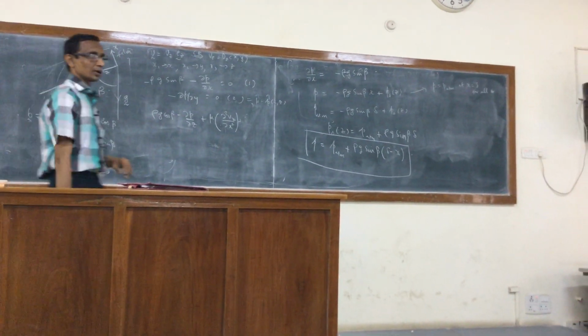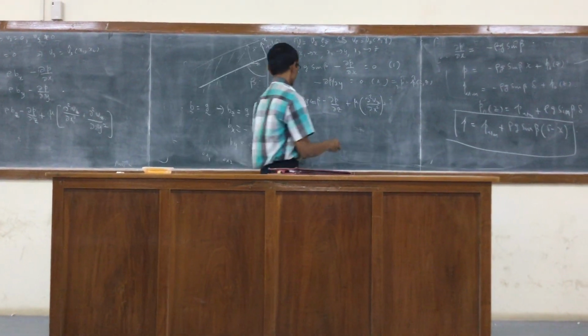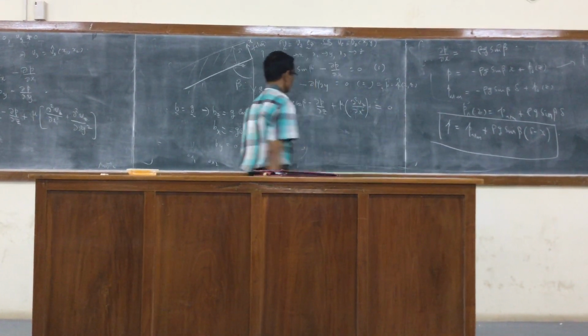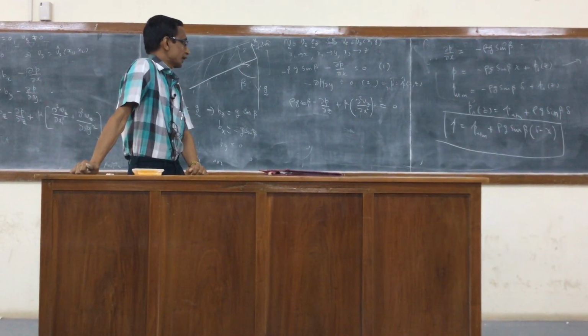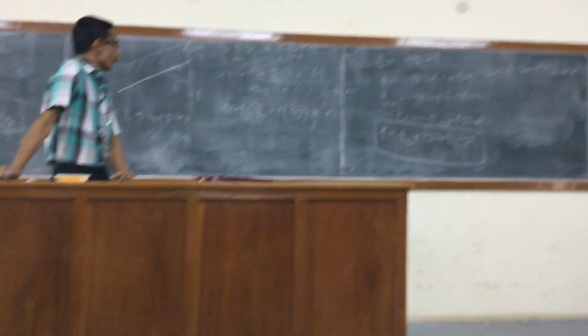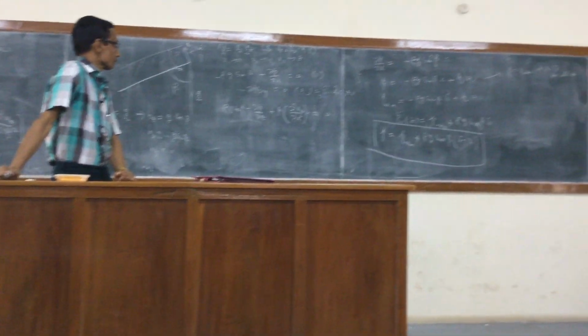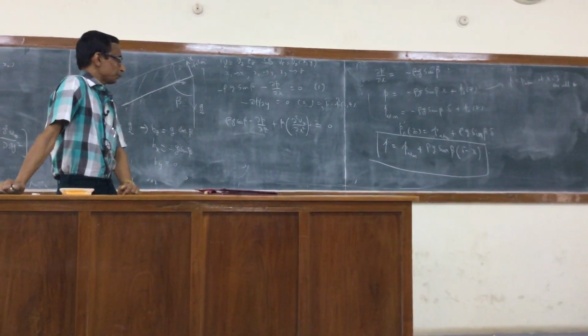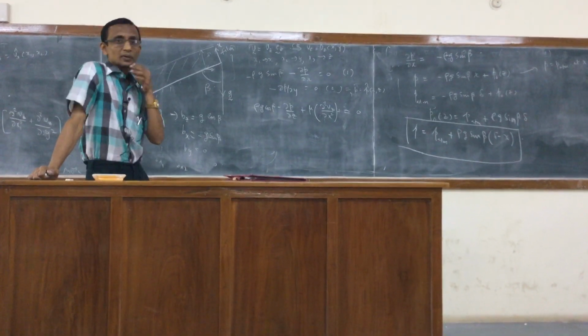So the pressure is now determined, and we are now ready to solve the equation, of course, with the right-hand side equal to 0, right? So what we get is that dP by dz is actually 0, right?